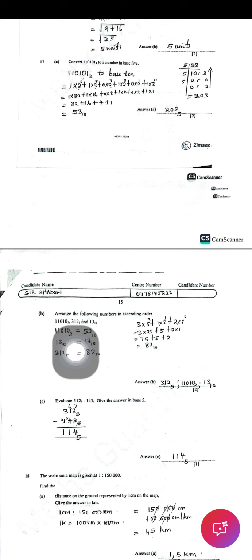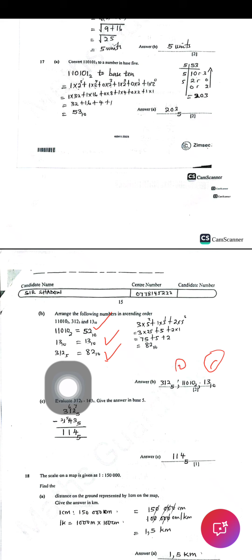The smallest number is 13 base 10, followed by 52 base 10, followed by 82 base 10. So in ascending order, this one becomes number 1, then this one number 2, then this one number 3.